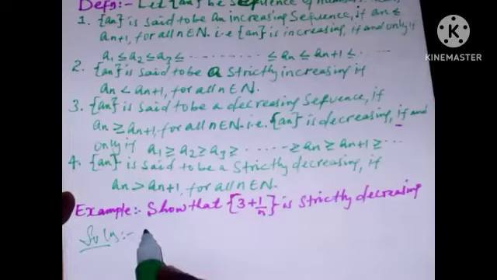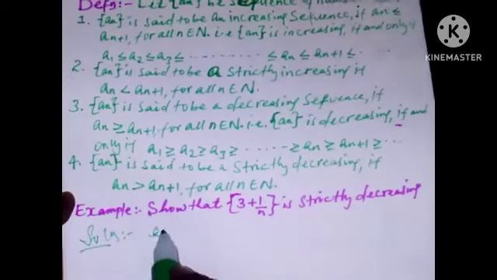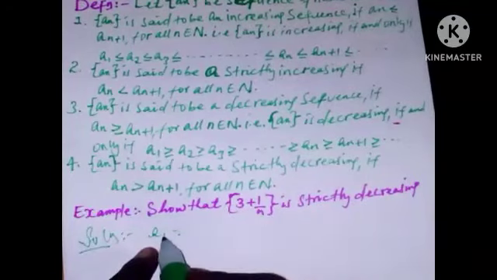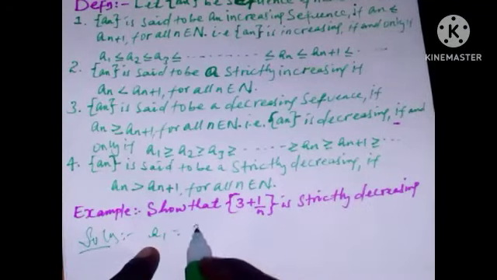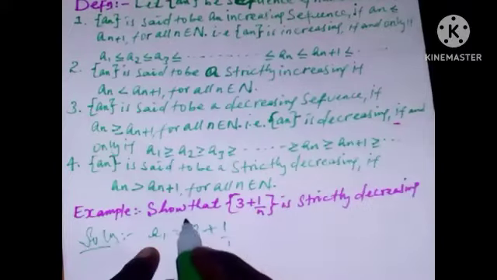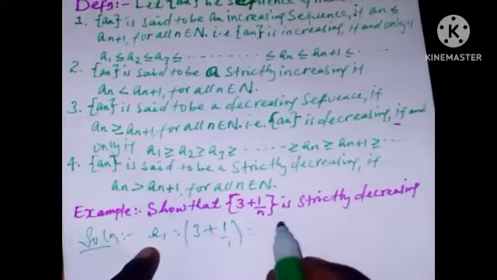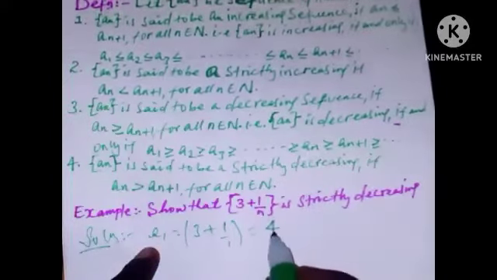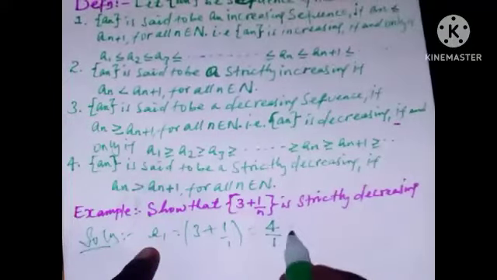The first term, a_1, is equal to 3 plus 1 over 1, which gives you 4 over 1, which is 4.